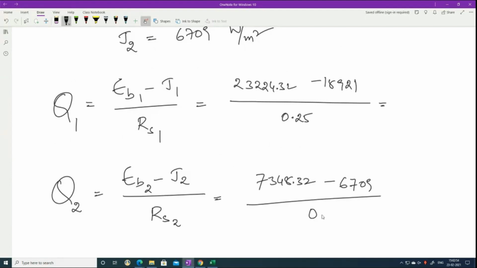It is also 0.25. So you'll get these values in watts. Kilometer square cancels, so R is actually per meter square, so meter square will get cancelled. So you'll get Q1 and Q2.